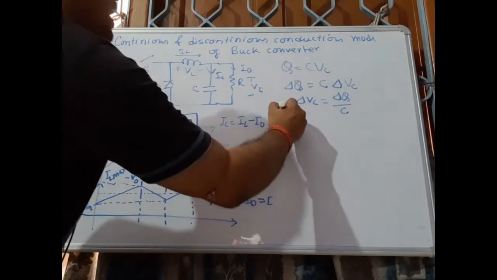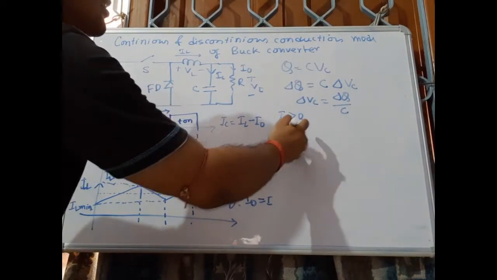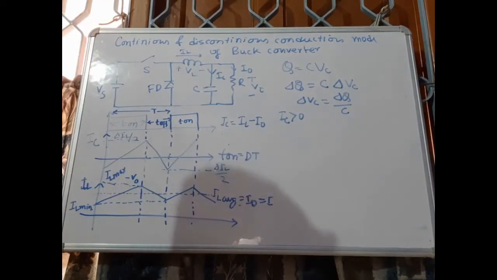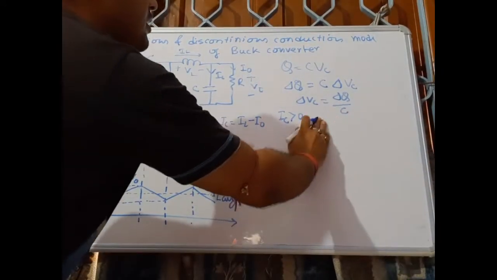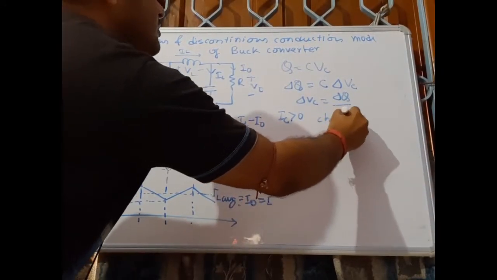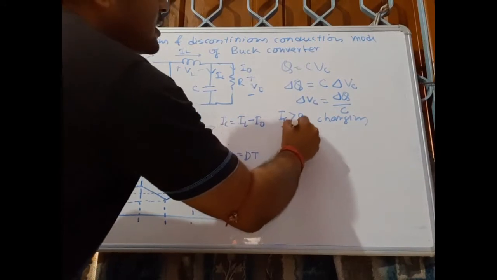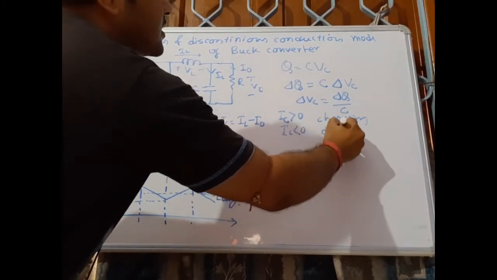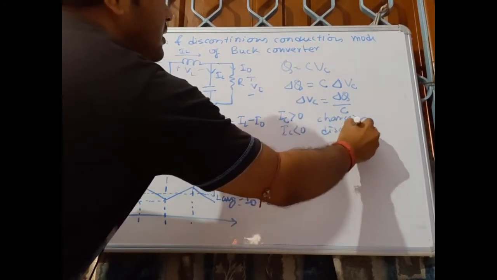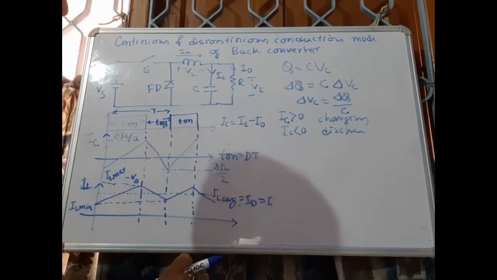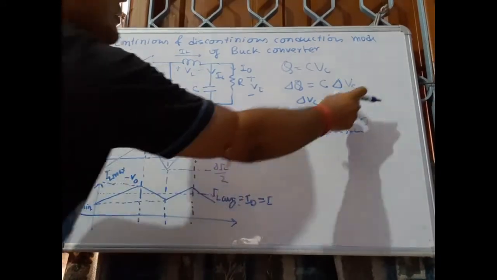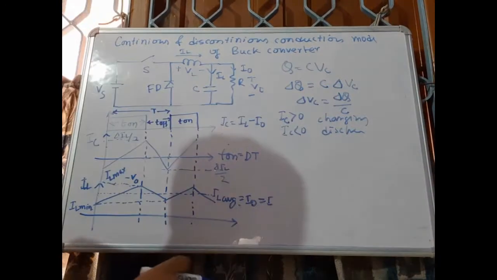Now for IC greater than 0, that means the capacitor is in charging condition, and IC less than 0 is for discharging the capacitor. Now consider the charging condition: what will be the charge stored in the capacitor?